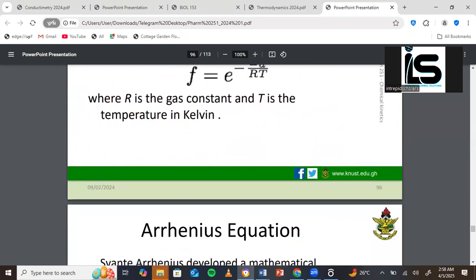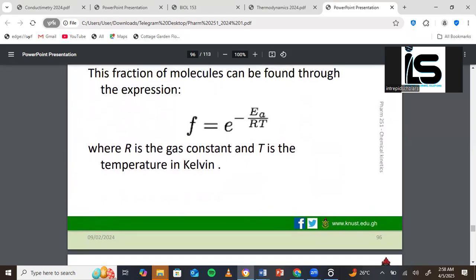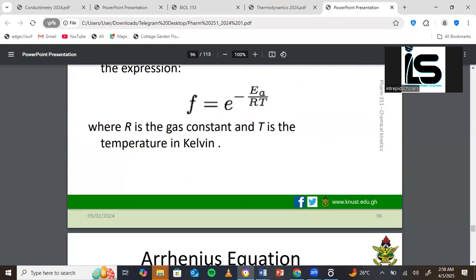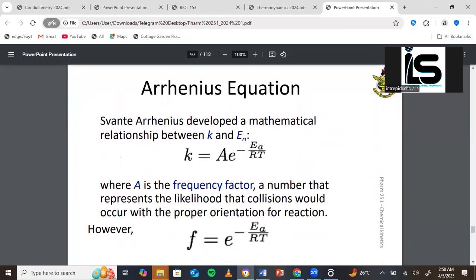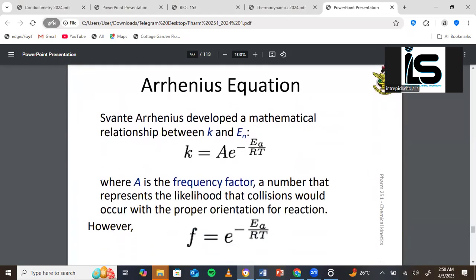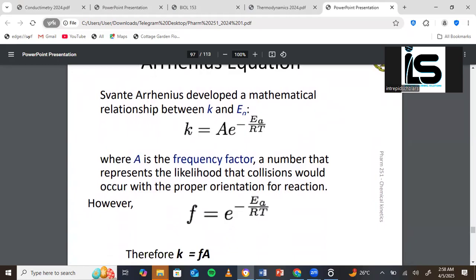The gas constant is a fixed value. So we can change this, and that was done by Arrhenius. We can change the whole equation to connect K to the activation energy.